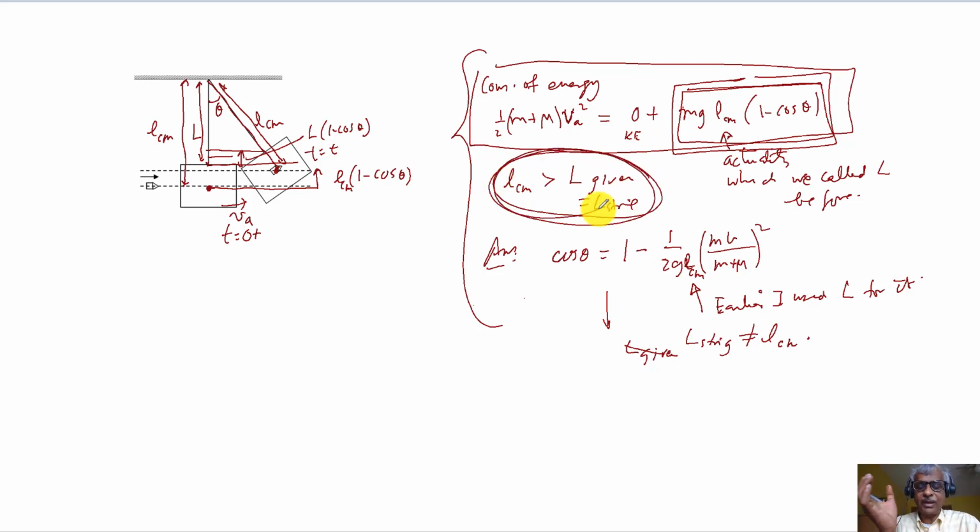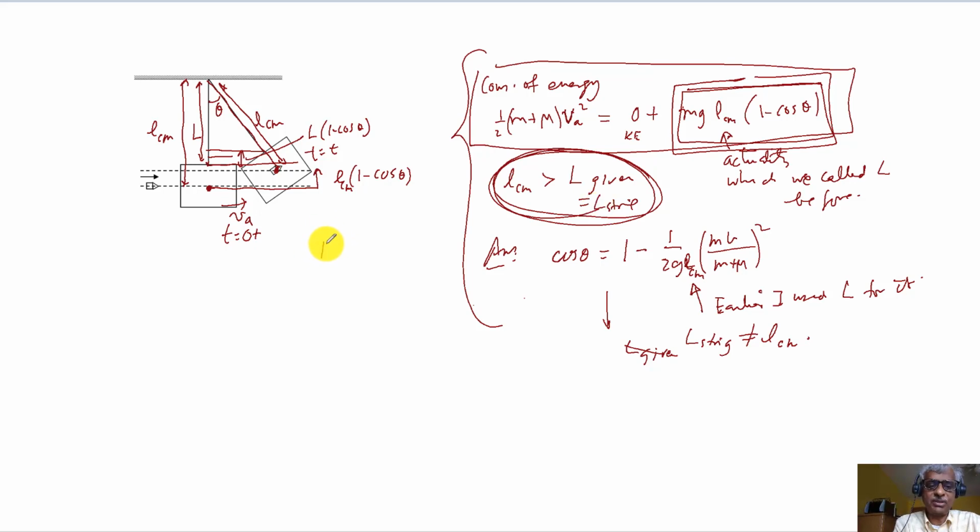Sometimes the assumptions are okay. If the block is very massive and not very high density, and the string is very long compared to the size of the block, then this is all probably very close, no big deal.